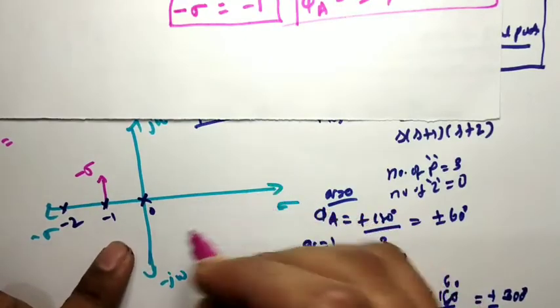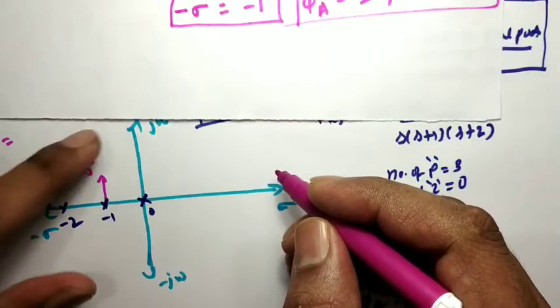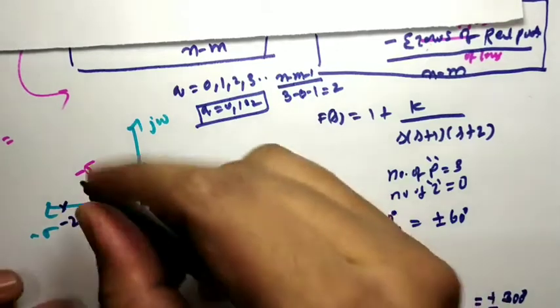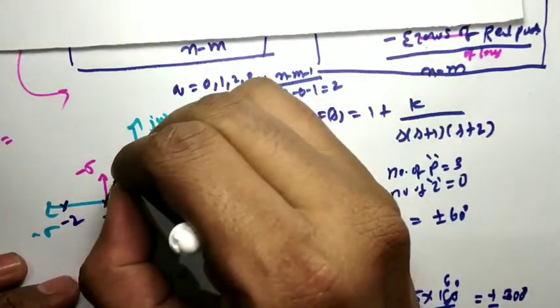From centroid only we are going to draw asymptotes, right? So what is the first asymptote? It is minus 60.